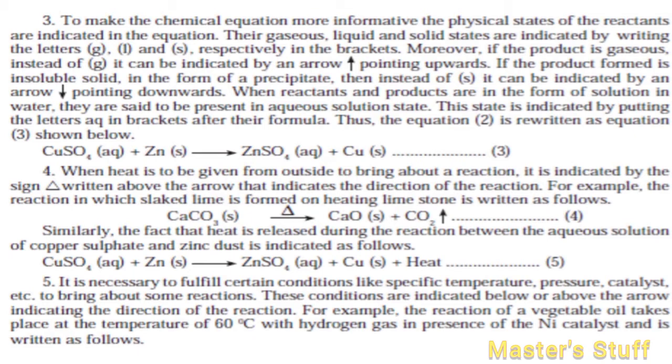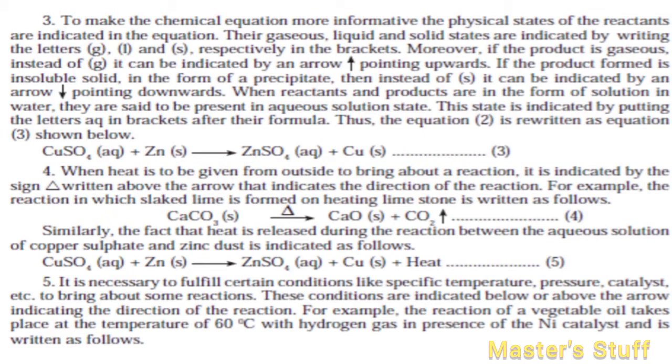For example, the reaction in which quick lime is formed on heating limestone is written as follows: CaCO3 (S), arrow with triangle above, that is, on heating, gives CaO (S) plus CO2 with an arrow pointing upward, that is, CO2 is in gaseous state.